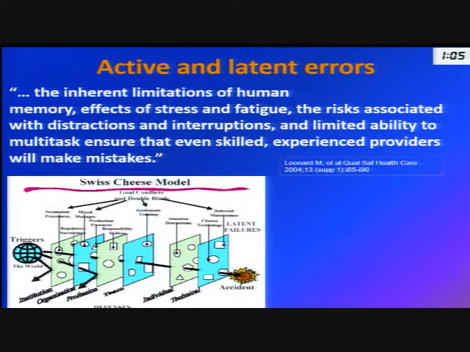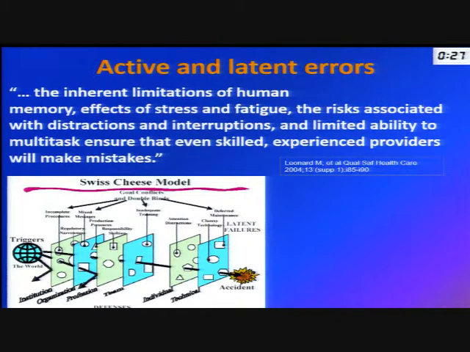So we have active and latent errors, and the limitations we have as human beings in terms of memory, in terms of stress and fatigue, of sleep deprivation, and also in terms of distraction and interruption. We work in an environment, healthcare, which is characterized by continuous interruptions.